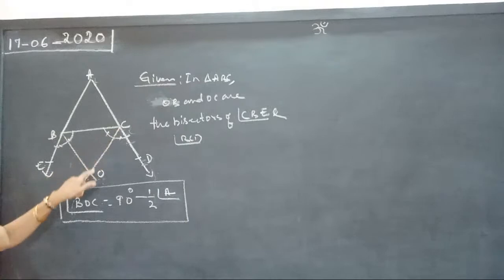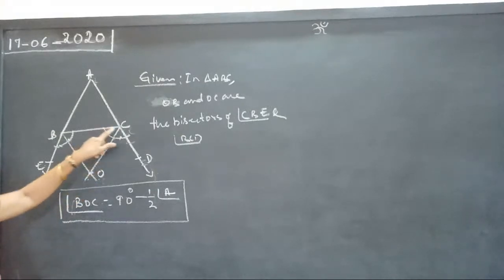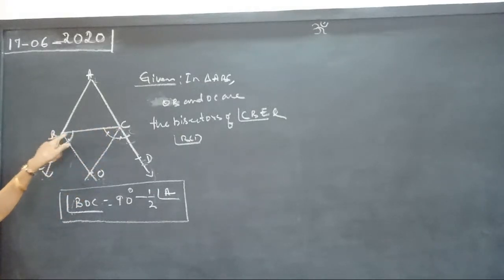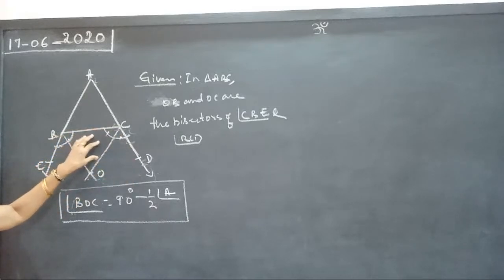BO and CO are the bisectors of the exterior angles.